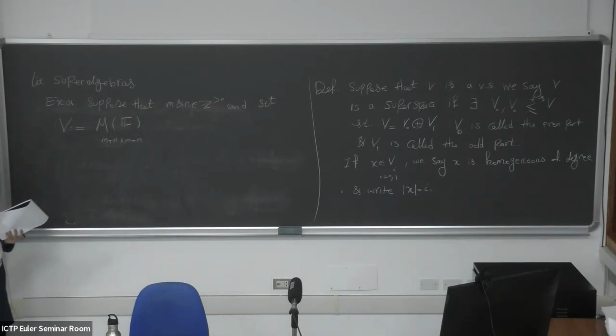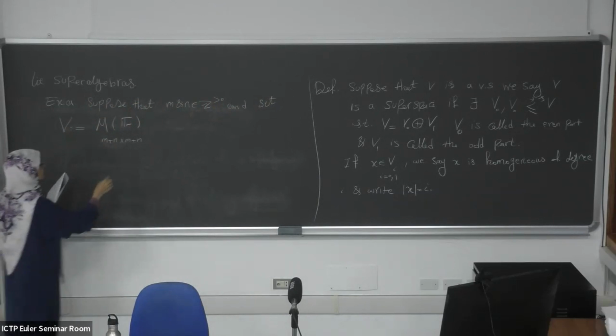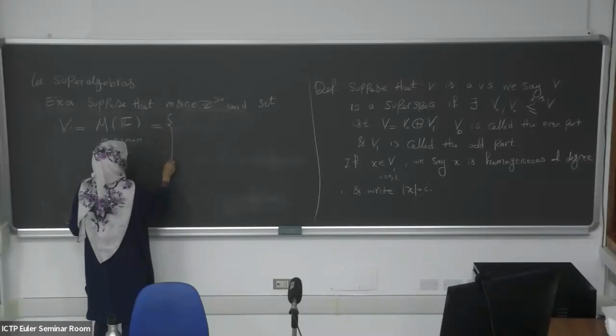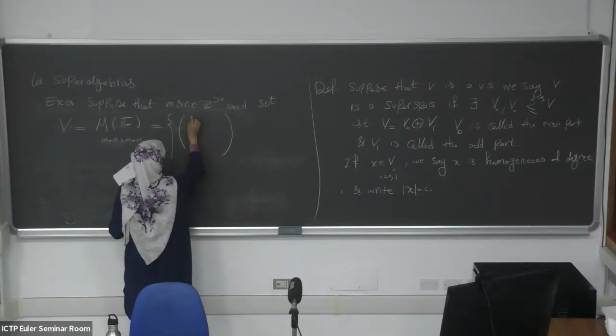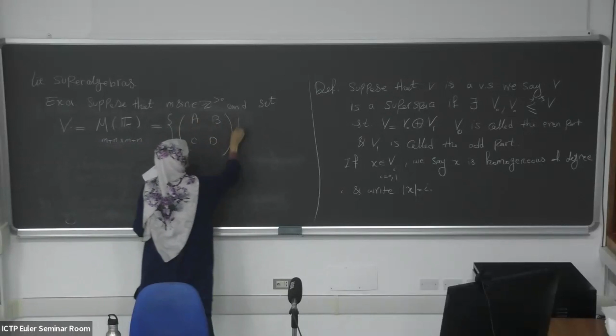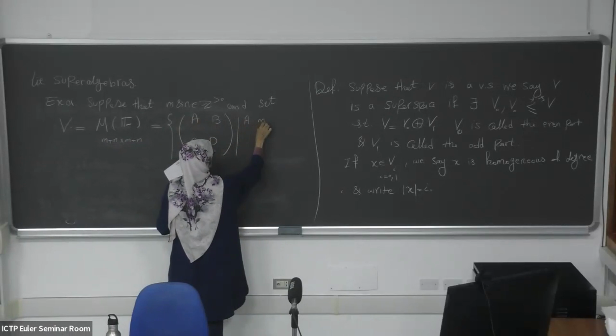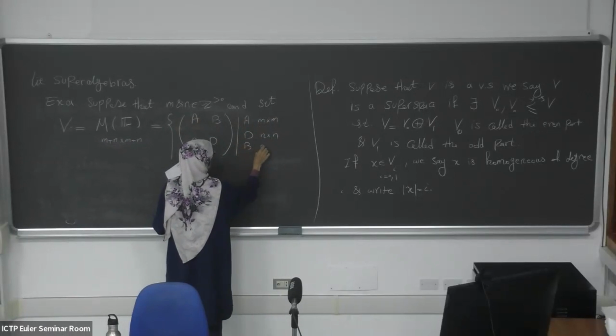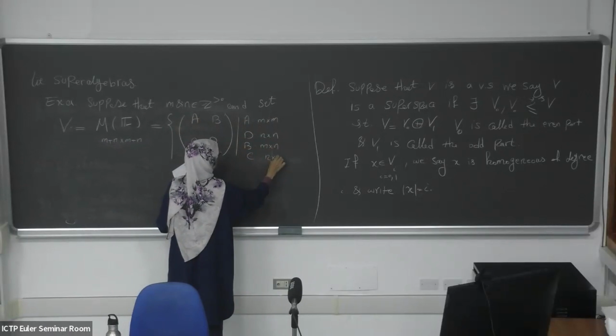Consider the (m plus n) matrices with entries in F. Consider the elements as block matrices like A, B, C, D, such that A is m times m, B is m times n, C is n times m, and D is n times n.